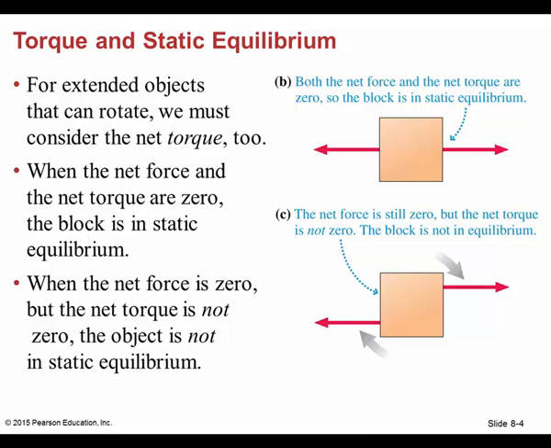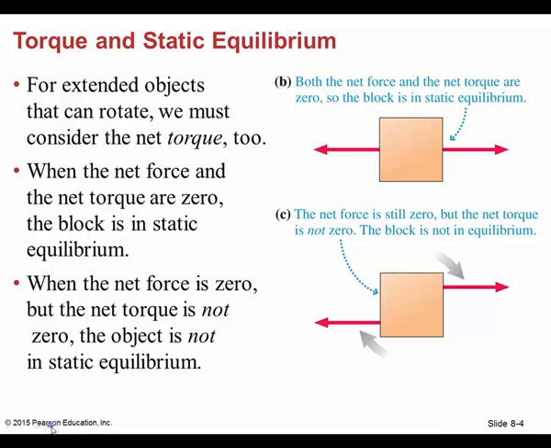So, when we look at torque and static equilibrium, we have to not only look at forces, but we have to look at torque. Just as when the net force is 0, when the net torque is 0, we have static equilibrium.